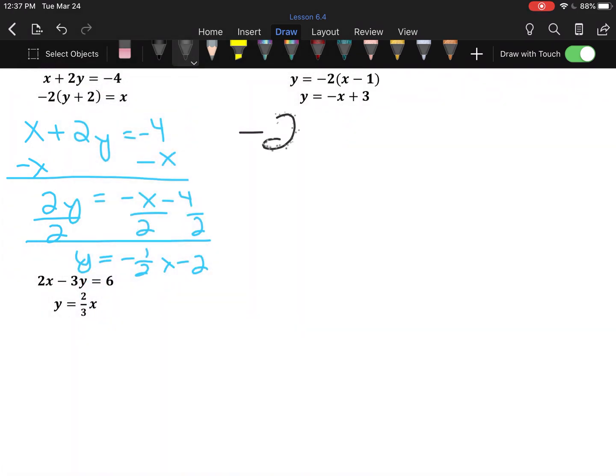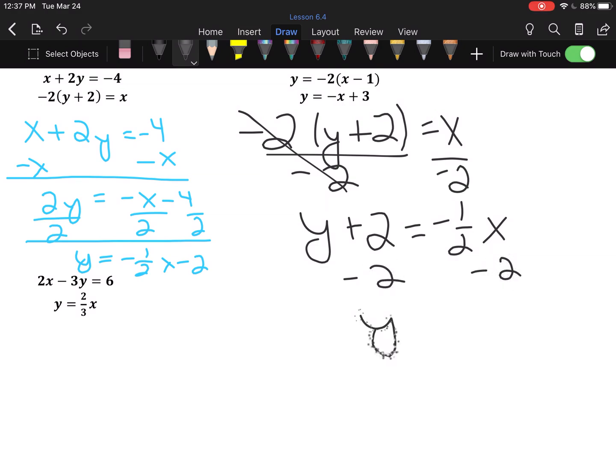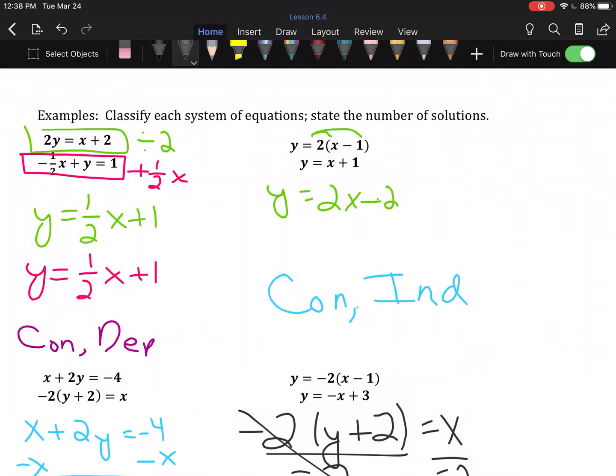The bottom equation, which is this guy, so I could distribute. I'm not going to. I'm going to divide both sides by negative 2 to begin with, so that I get y plus 2 equals negative 1/2 x, and then I will subtract 2, so that I get y equals negative 1/2 x minus 2. So here's equation 1, here's equation 2. Strike that, reverse it.